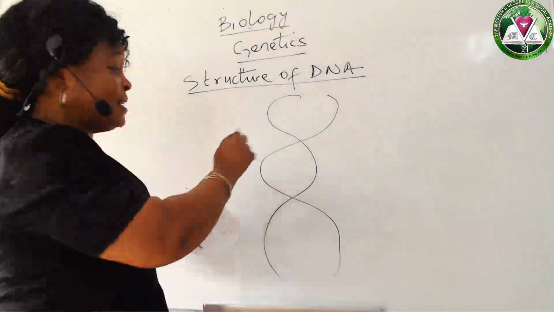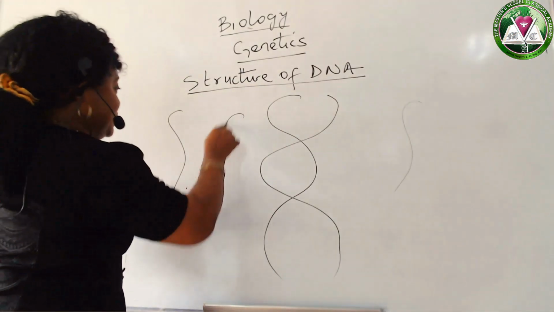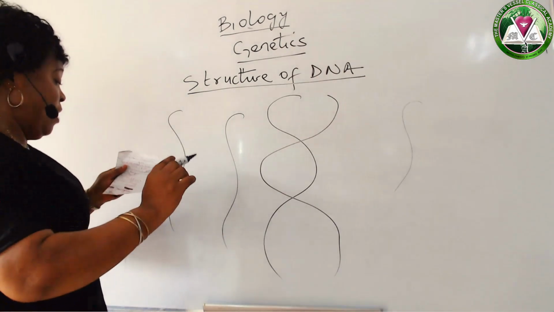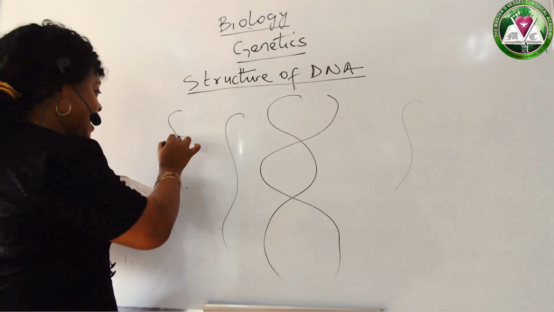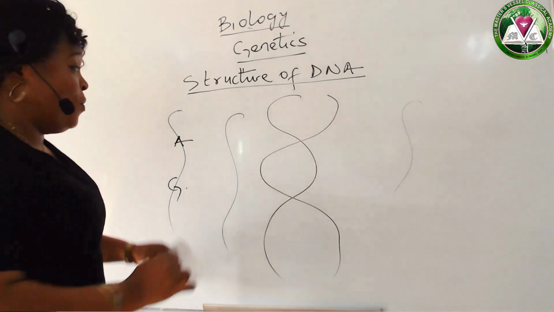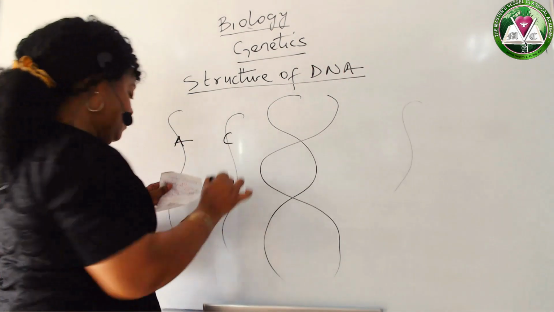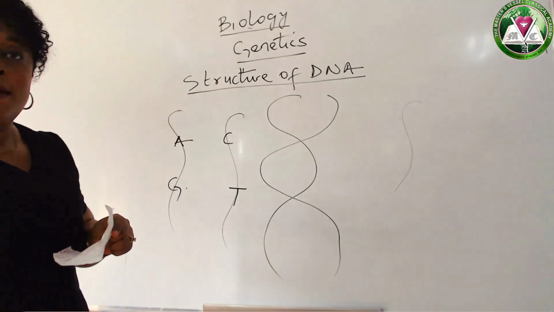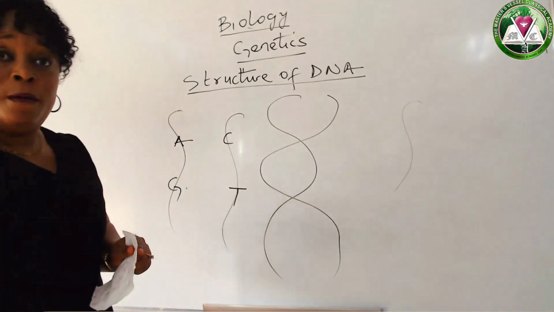Naturally, these are two strands, but we are now talking about two different strands on their own. If this is the purine strand, you have the adenine here and the guanine here. If this is the pyrimidine strand, you have the cytosine and the thymine. So, these are different strands that came together to form a helix structure.